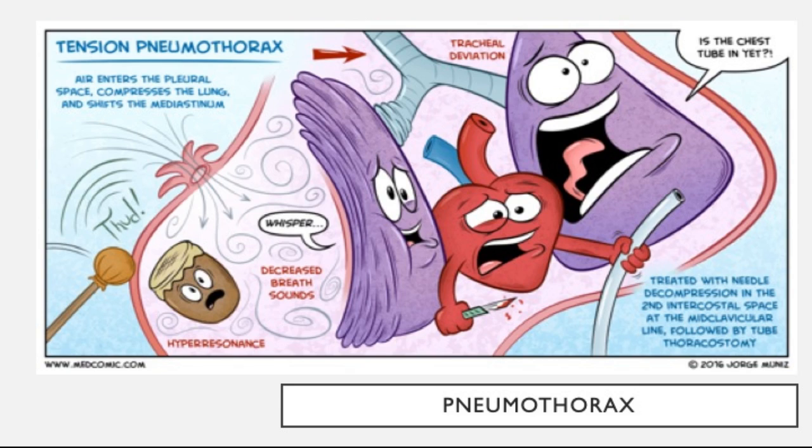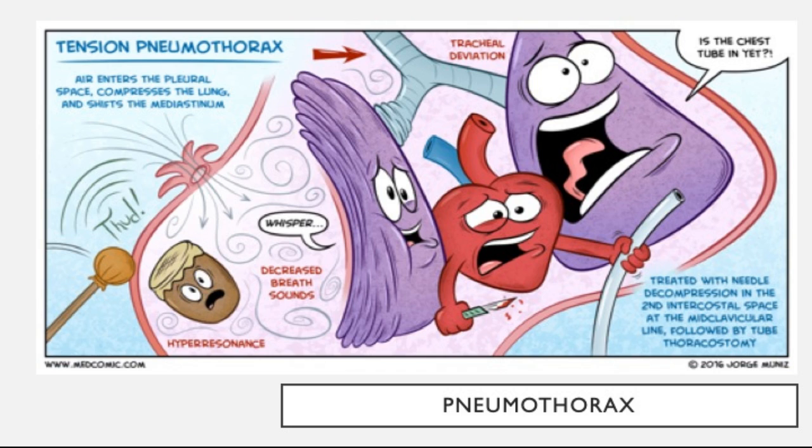Pulmonary issues don't necessarily happen just to the lung. They can happen to the pleural space, or the serous lining that is located between the chest wall and the actual lung tissue. Here's a tension pneumothorax, when there is a trauma, say a knife attack, or CPR, like forceful chest compressions, that has caused air to enter that pleural space, and that air starts to build up, causing collapse of that lung.